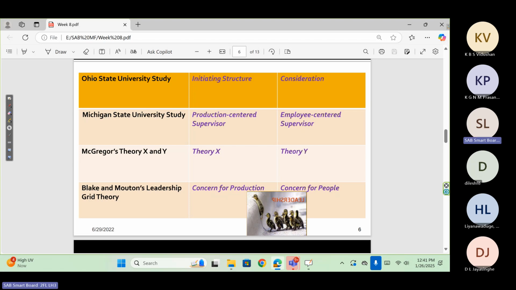Find the page and jot it down. There's a rectangular square. On the two sides, you have to identify the task scale and the relationship scale of the leader. Both can be scaled as low and high, as we considered in some similar models in previous lessons.